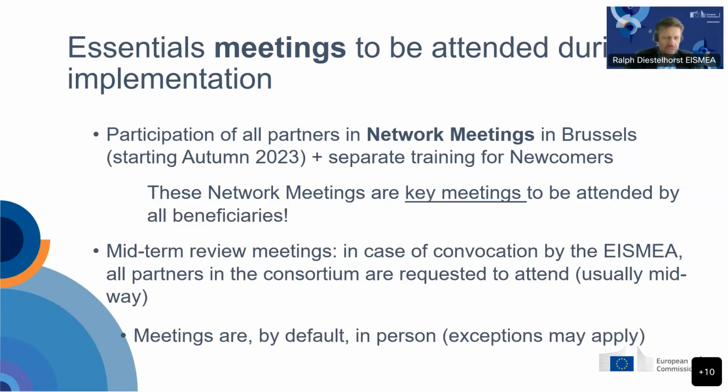You need to foresee in your project plan, in your budget, in your organizations, sufficient resources for that. The attendance to those meetings is mandatory. Only in very exceptional cases can we accept that an intermediate organization does not take part. But in principle, this is mandatory participation, and that is for good reason.